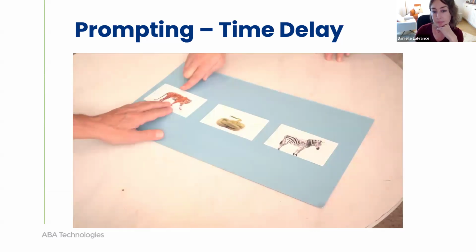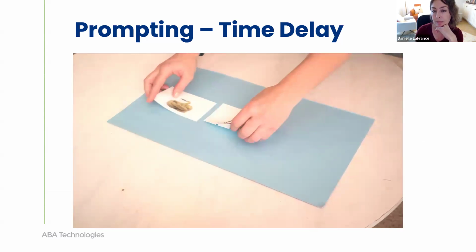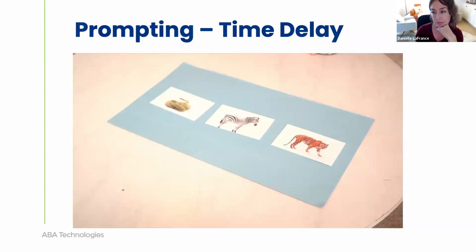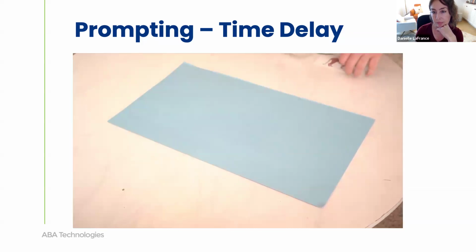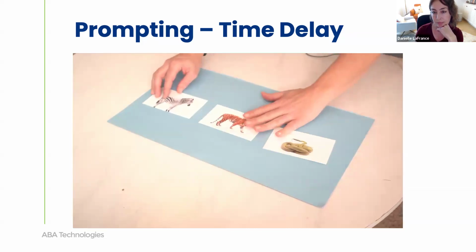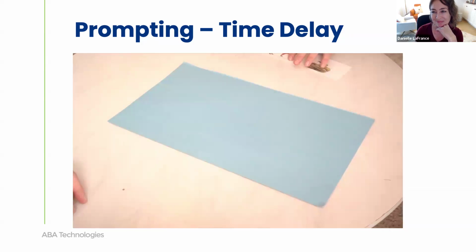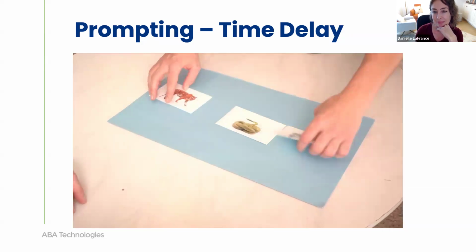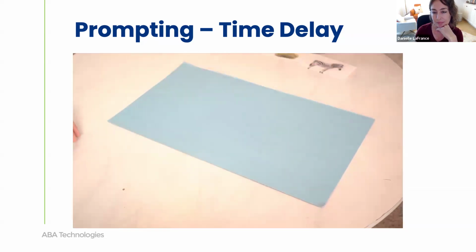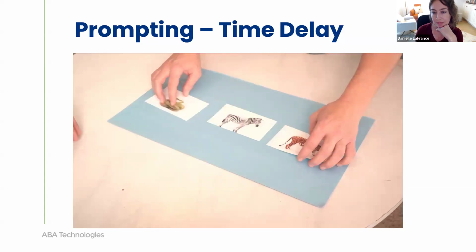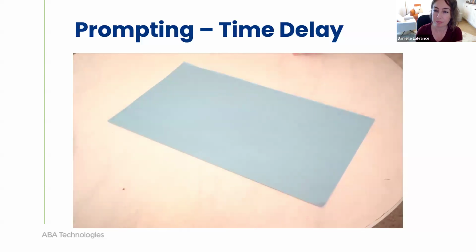Tiger. Yeah, that's it. That's a tiger. Zebra. Yes, zebra. Perfect. Snake. Way to go. That's the snake. Zebra. Yes, that's it. Tiger. Fantastic work, dude.